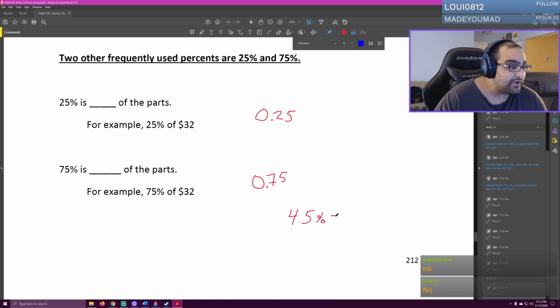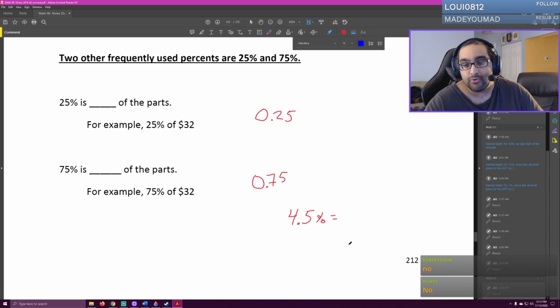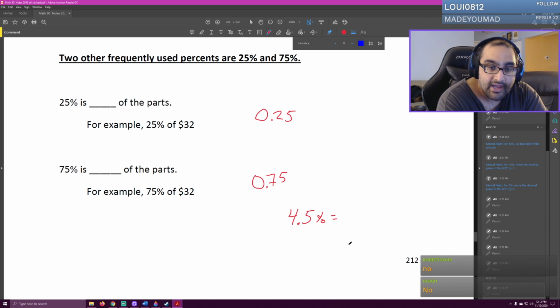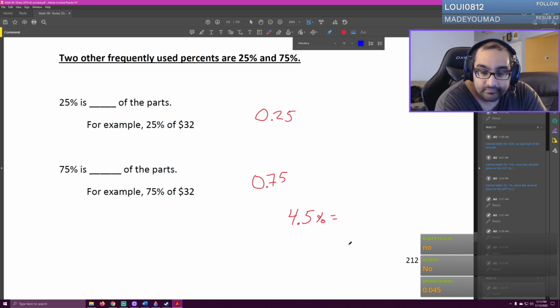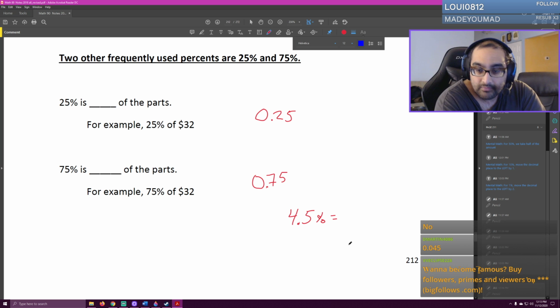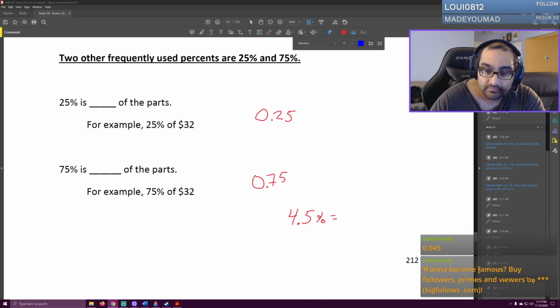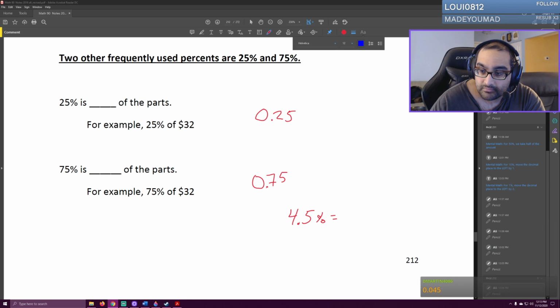What is 4.5% as a decimal? Anybody tell me what is 4.5% as a decimal? 0.045? 0.045, okay.